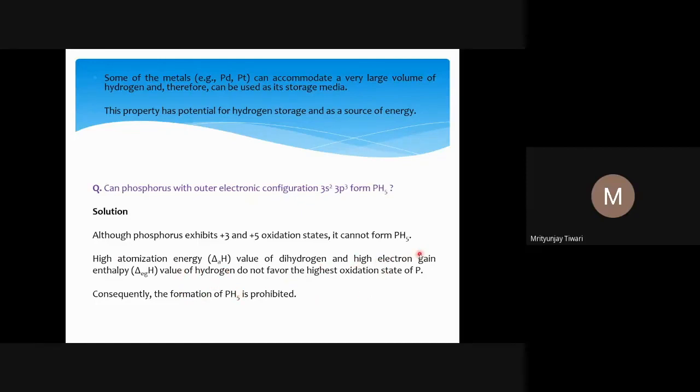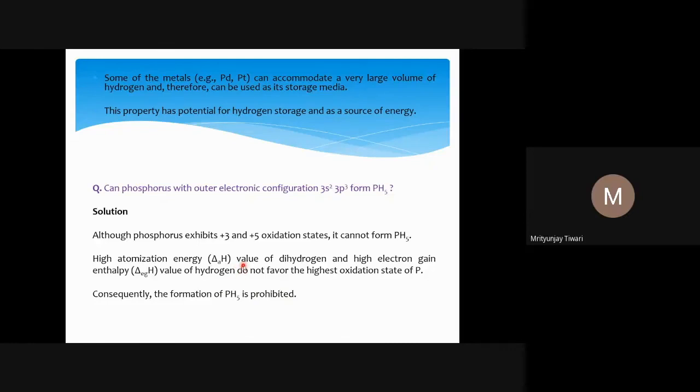So which is also in this case very high. Very high means it's a positive value. Numerically, very low means a large negative value, and very high means a large positive value, or if it is negative, it is very small. Because of these two, when you add them, it is not a negative value.